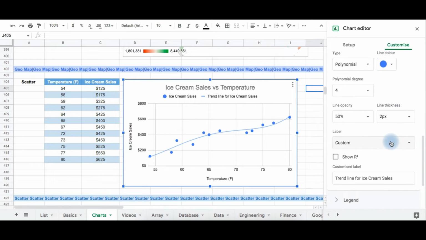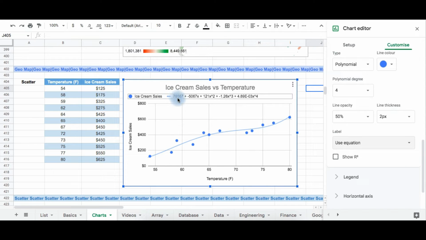And also, if you want to see an equation of what this looks like, you can click on the label on the bottom, use equation, and this will show you the equation. So this is y equals 78,568 plus all of these values times x, plus this is 121 times x to the power of 2, this is power of 3, and this is power of 4.